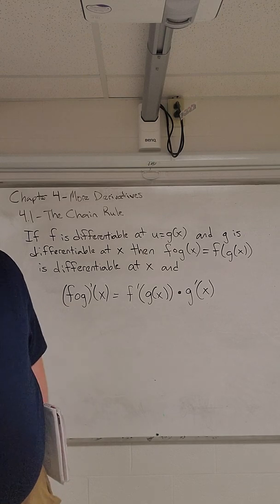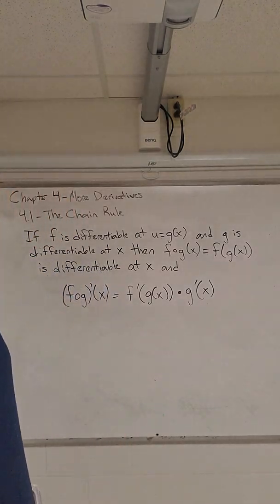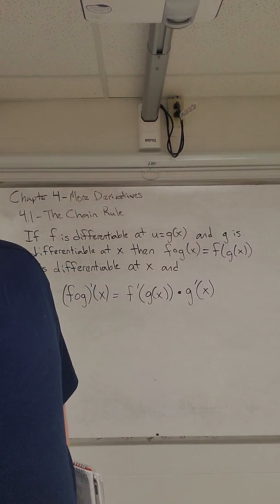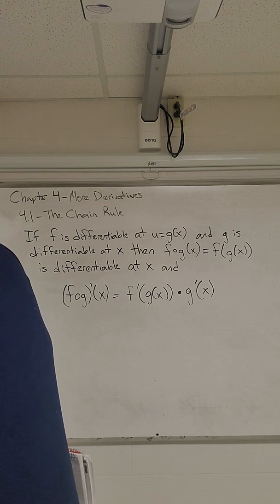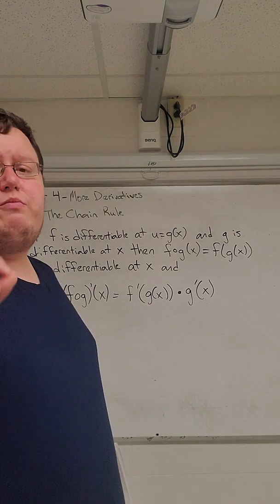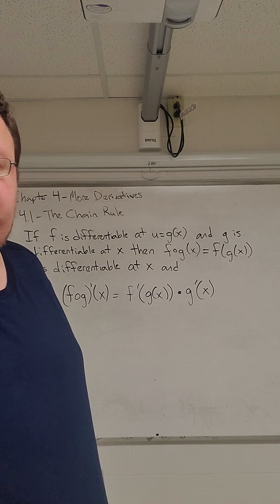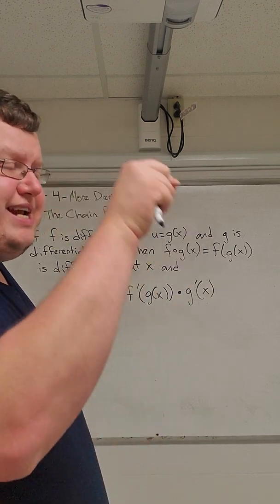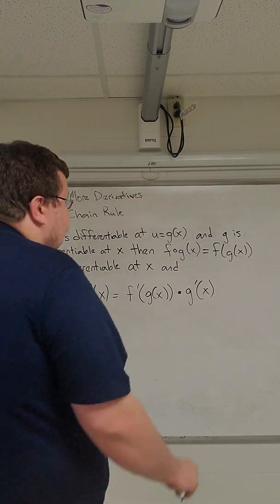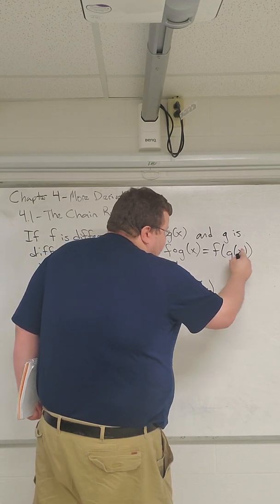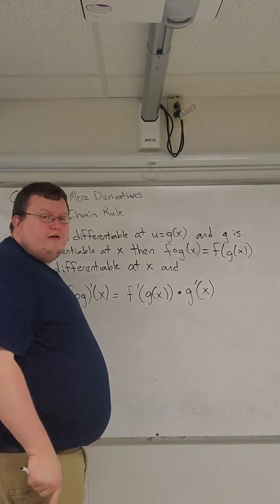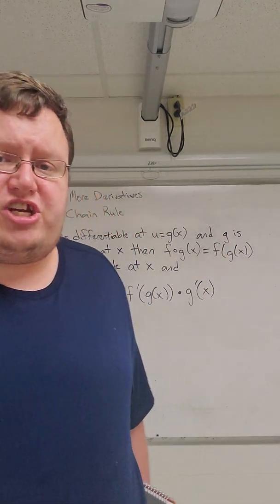So the real key here, and the part that's sometimes the trickiest with these kinds of functions, is determining which function is g and which function is f. G is the inside function because g of x is plugged into f, based on that notation for f of g of x.